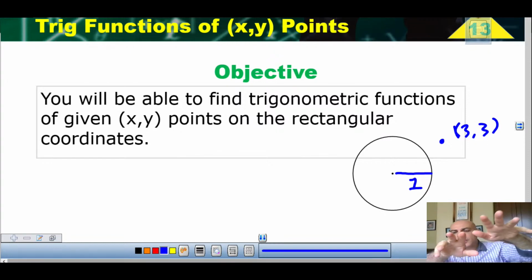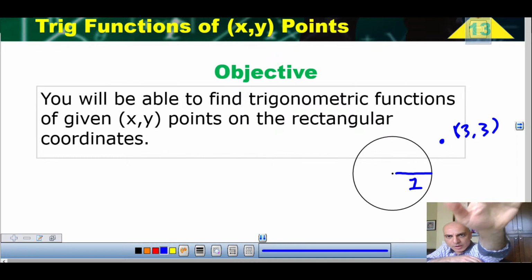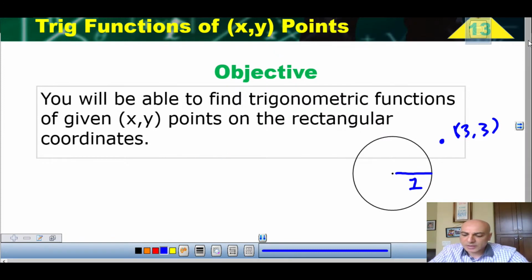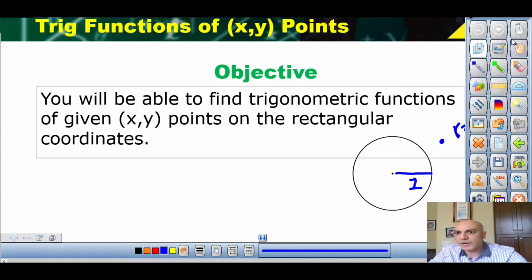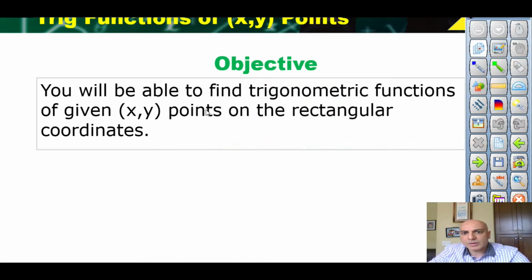So you're stretching your arm beyond the unit circle. No longer 1 as in the unit circle radius. Now you're reaching out to that value all the way up there. Maybe 3, 3, maybe negative 2, 5, maybe negative 4, square root of 3, something. But it's beyond the unit circle. So that's the goal for today. How do you find the trig functions for such points?